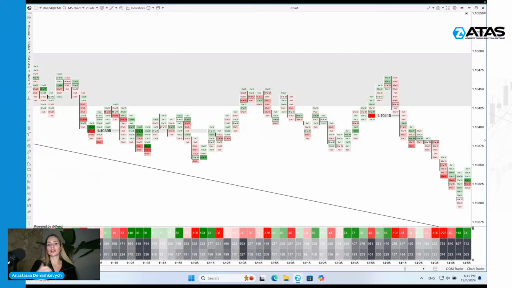So if you're talking about 6E contract, you can't expect the move for 200 ticks happening, right? Then your take profits are going to be smaller, but your stop loss are also going to be smaller. So it's about expectations. If you build those right, all three setups are going to work on different time frames as well, because the logic behind stays exactly the same.